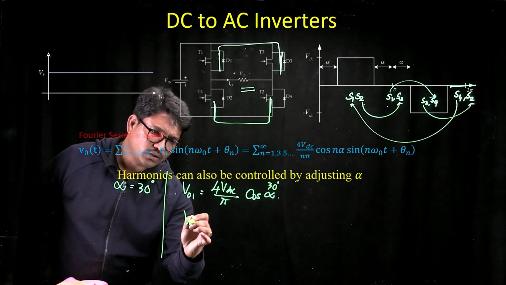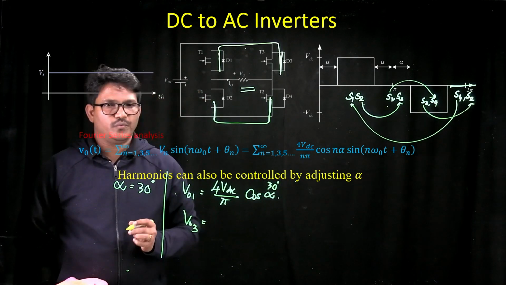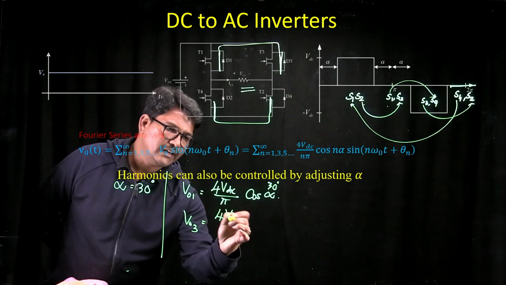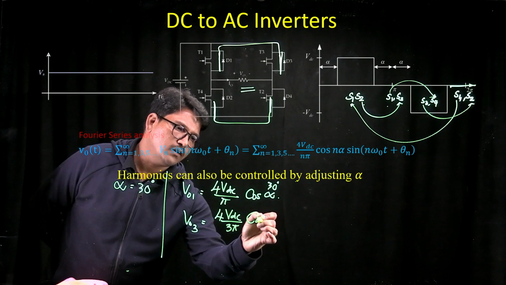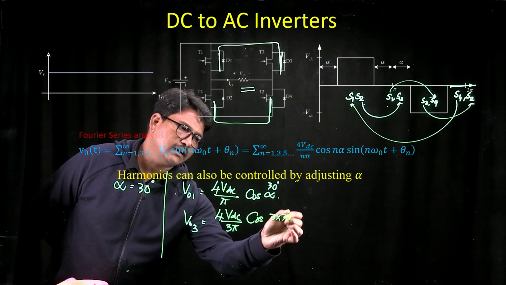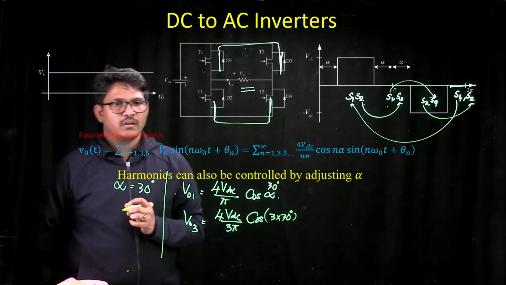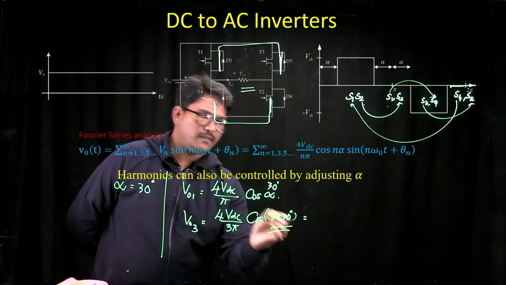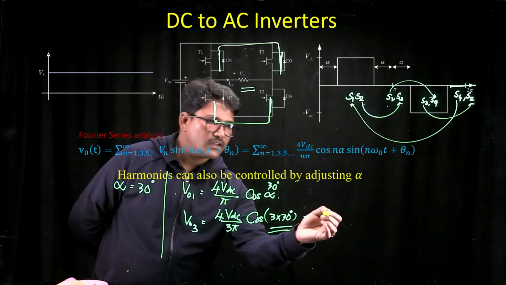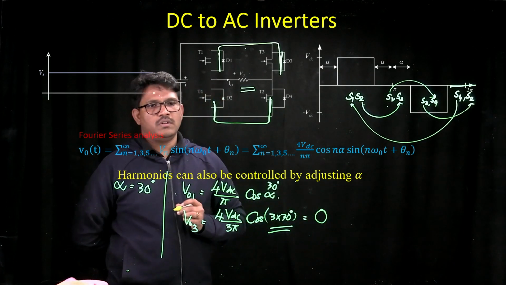Now V03 is 4VDC upon 3 pi cos 3 multiplied by 30 degrees. Now you know that this is cos 90. The value of cos 90 is 0, that means this is equal to 0.